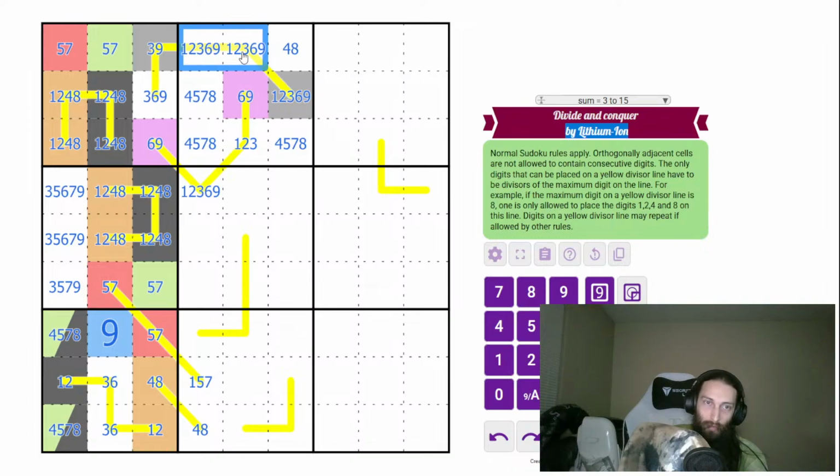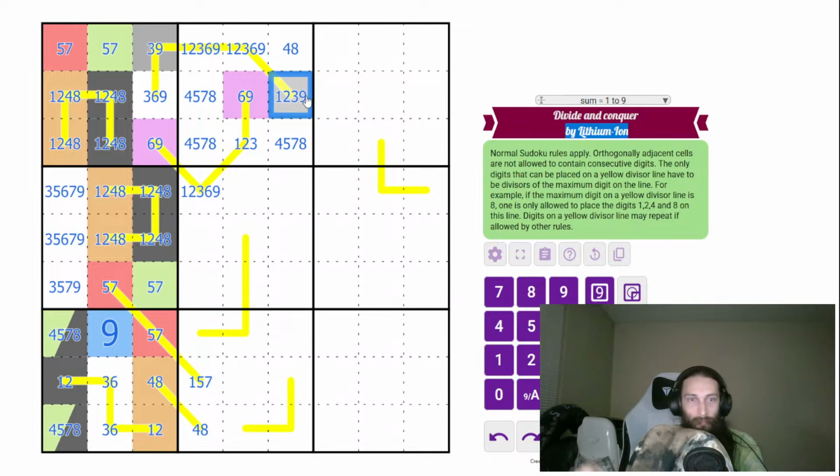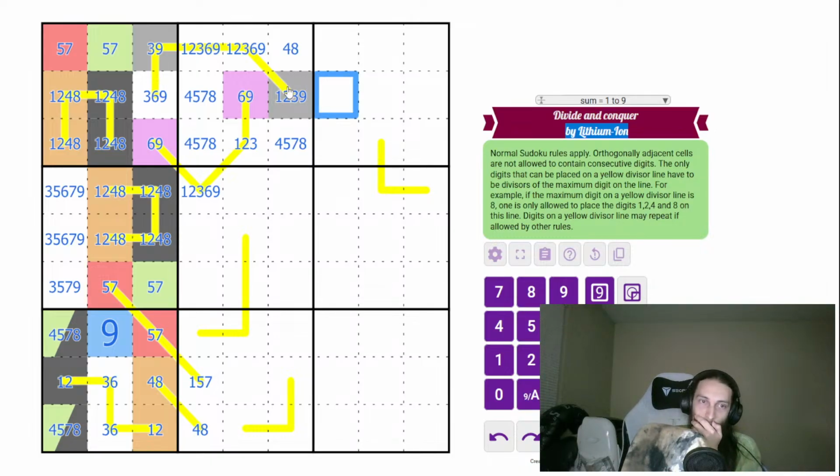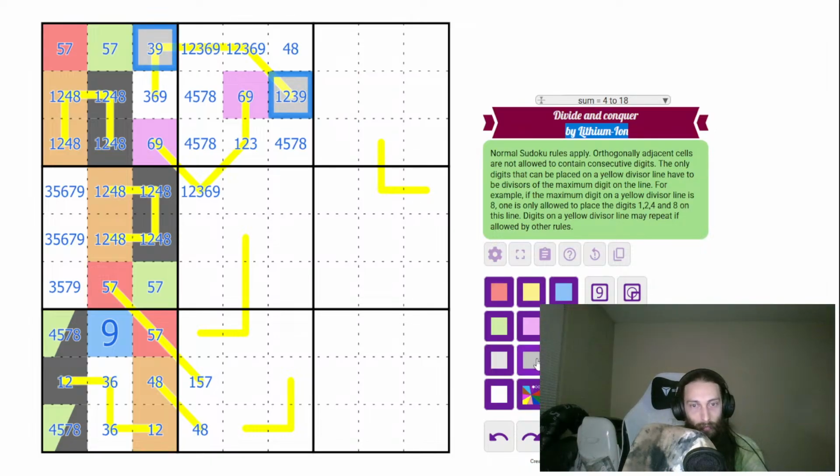But I have to have 6 and 1 of 1 or 2. Because that is a 3, and 3 could be one of those two. But this couldn't be a 6. So those two aren't the same.